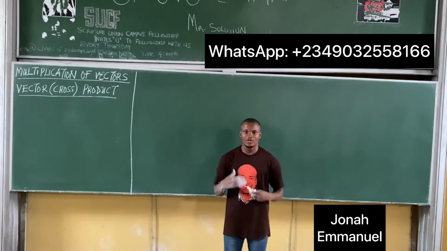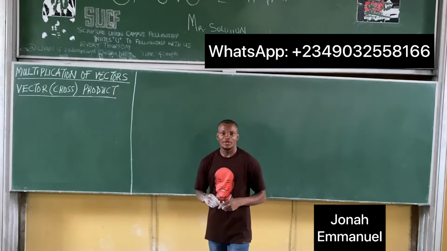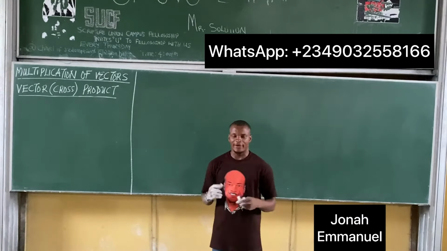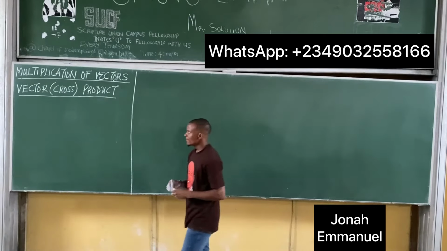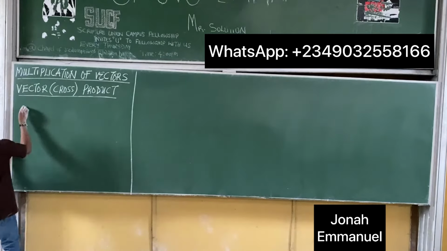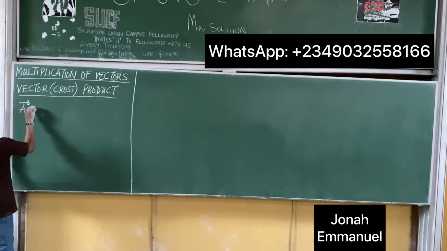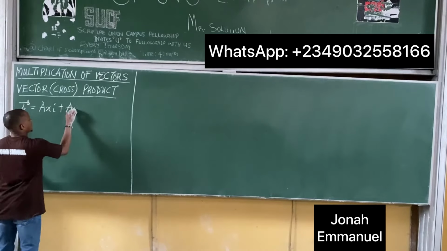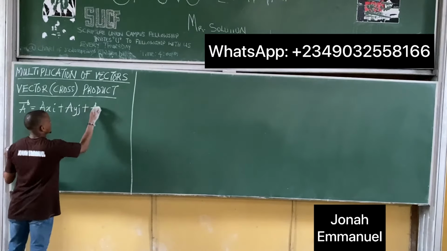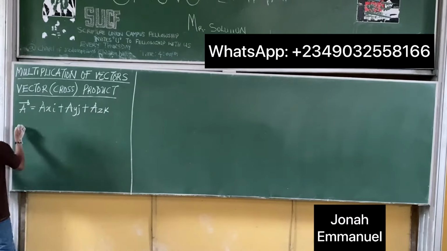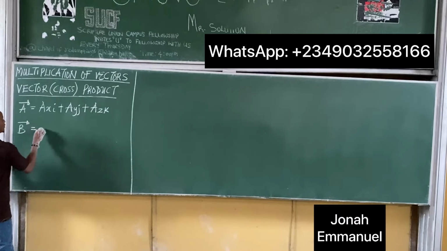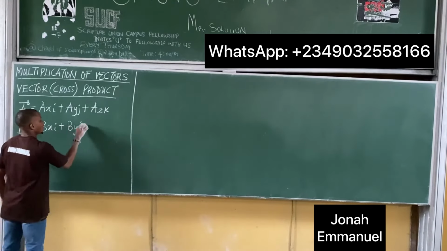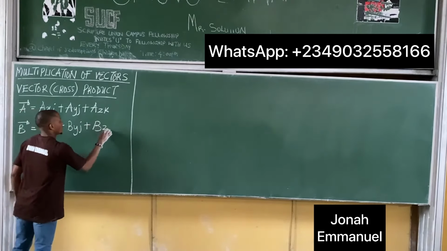Welcome to today's class. For today's class, we're discussing the vector or the cross product of two vectors. Let's say I'm given the vector A as being equal to AXI plus AYJ plus AZK, and I'm given B as being equal to BXI plus BYJ plus BZK.